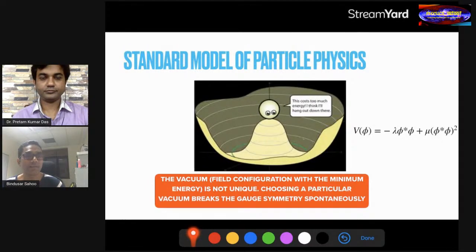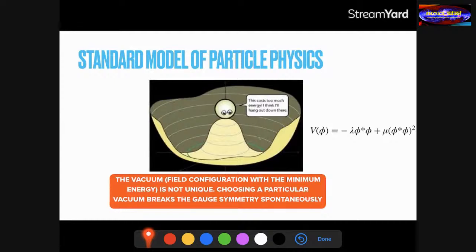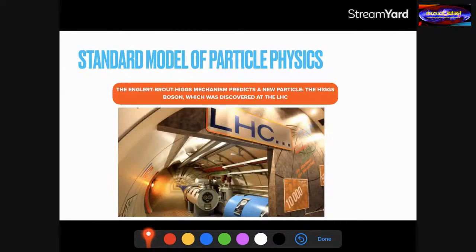That particle was initially called the Higgs boson, but it was not observed until 2012, when it was observed at the Large Hadron Collider.